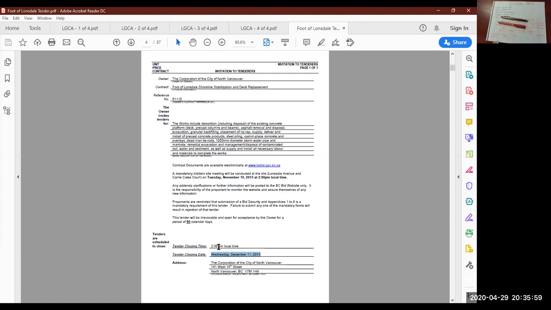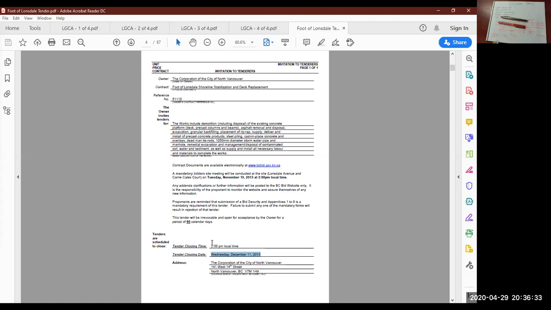So I can't stress to you how important that is. You may end up working for 2 weeks on a tender, coming up with your estimate and finalizing everything and writing it all up. So two full weeks of your time. If you show up late and try to submit it late, they won't accept it. It'll be 2 weeks of a complete waste of your time and your boss's money paying you to do something that you weren't able to submit.